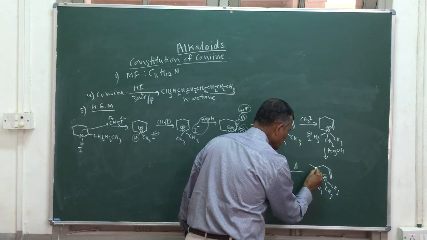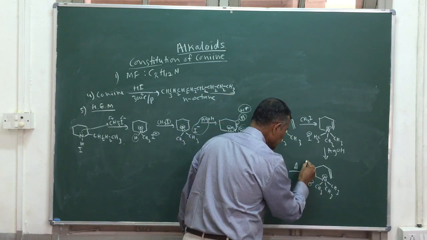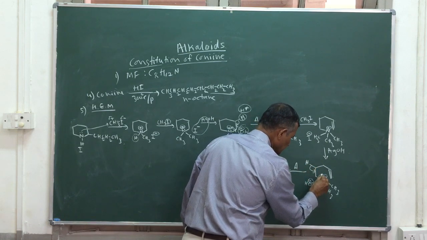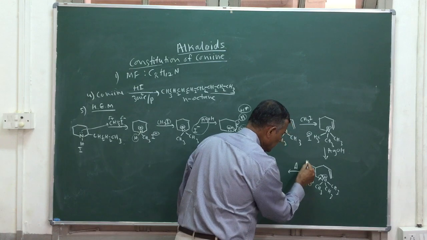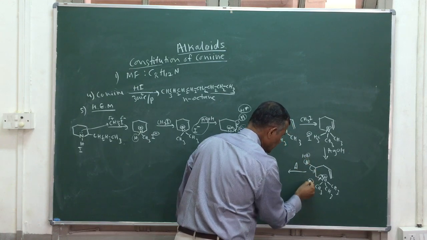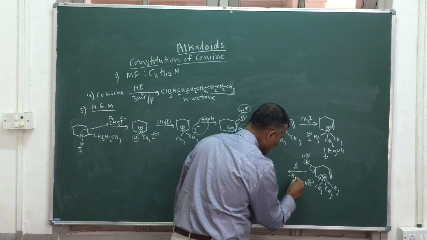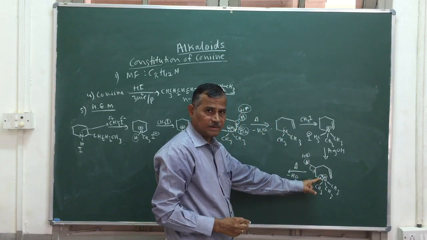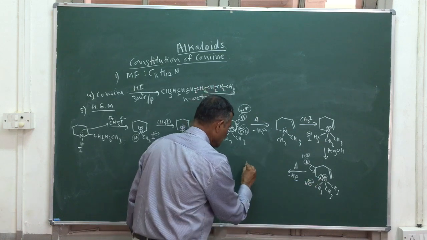Here the beta hydrogen is on the other side. The nitrogen takes electrons, again this bond is broken, this comes out as H plus, and this H plus and OH minus, water, is eliminated, so that the other side of the ring system is going to open.